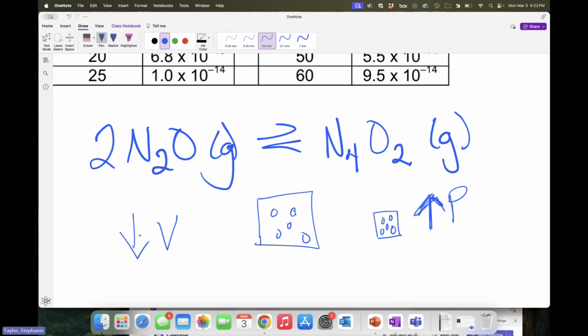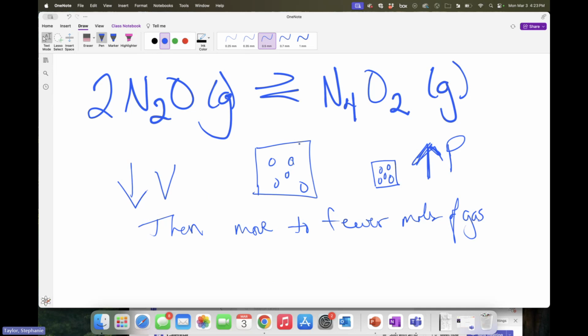When I decrease the volume and increase the pressure, then I move to fewer moles of gas. It is essentially trying to relieve the pressure.